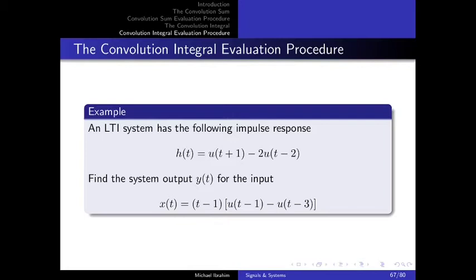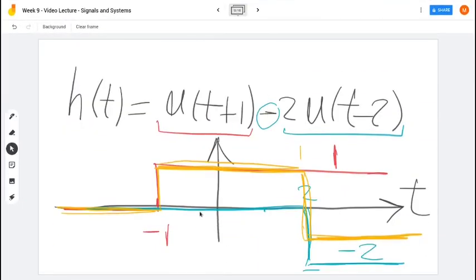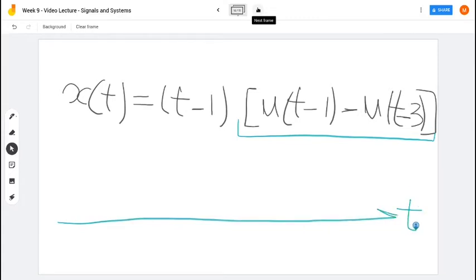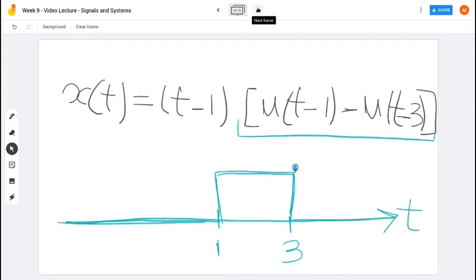So u of t minus 1 minus u of t minus 3, this part corresponds to sort of a rectangular pulse from 1 up to 3 and 0 otherwise. So this part over here corresponds to this rectangular pulse.